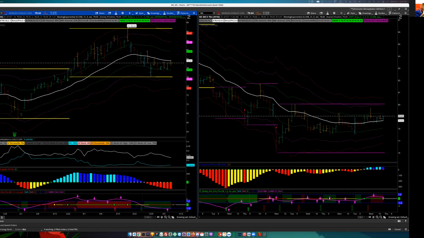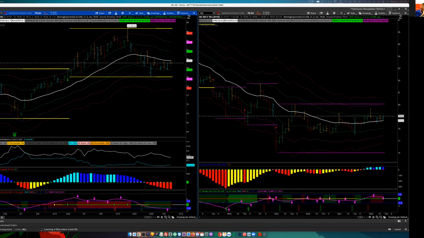So yeah, Morgan Stanley on the daily, looking pretty good. We came down and found support outside of the 1 ATR. Since then, we've been moving back up to the mean, which is this 20 EMA. Looks like we came up, found support there, and printed a doji.